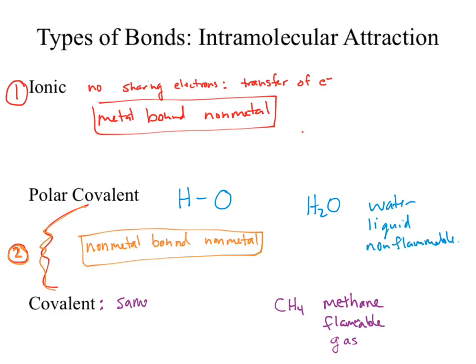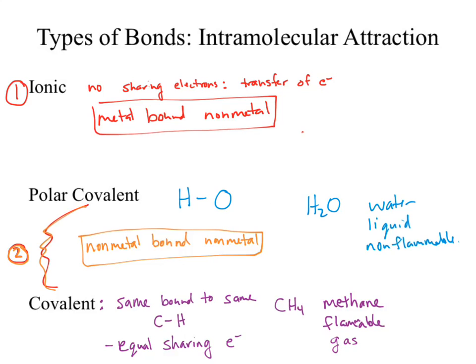Same element, so same bound to same, and carbon bound to hydrogen. That's our rule of thumb. Our strict comparison on this is equal sharing of electrons. Okay, so the complete opposite of the ionic bond.